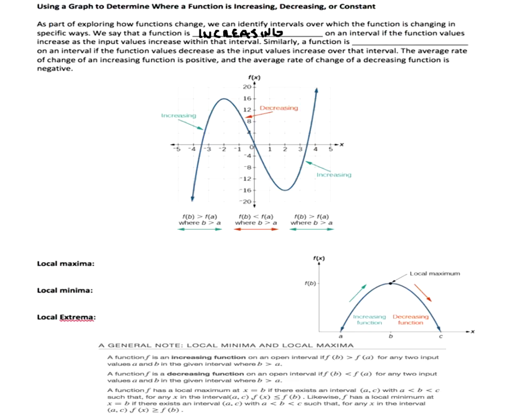This is a very elementary way of looking at this. You always read increasing, decreasing, and constant from left to right, just like you read a book in the United States. So I can think of the increasing parts of the function as going uphill from left to right.